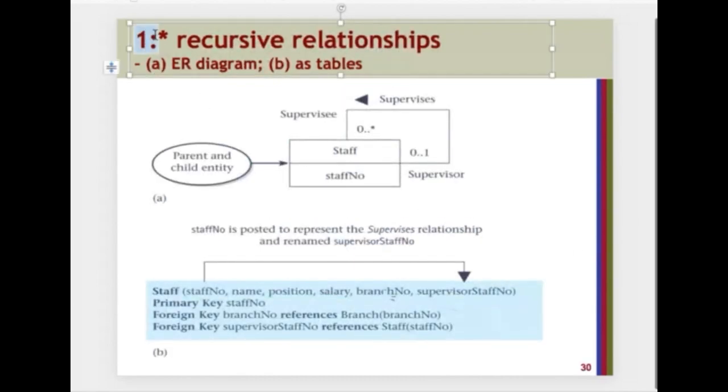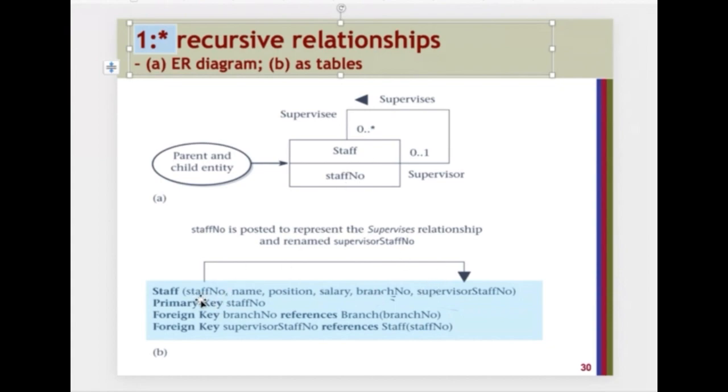Okay, what about when one-to-star is a recursive relationship? What happens? Again, the concept is the same: in one-to-star, you can make 1 table or you can make 2 tables. Best is to save your time and effort, make it 1 table. And the table is with the name of staff. And you remember that in one-to-star relationship, we identify the parent and child. Since it's recursive, the same table is parent and the same table is child, and we will copy the primary key of the parent again into the same table.